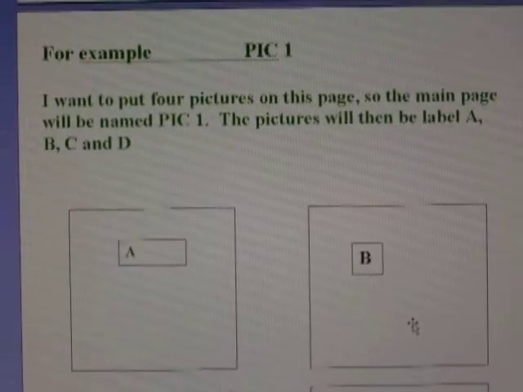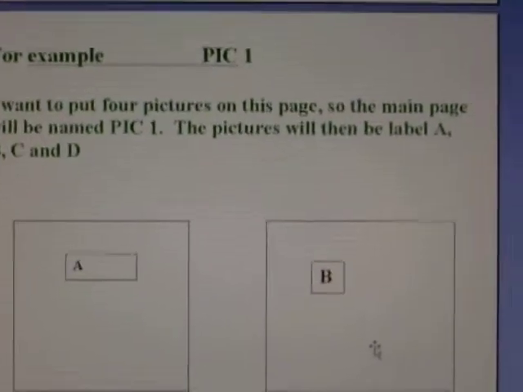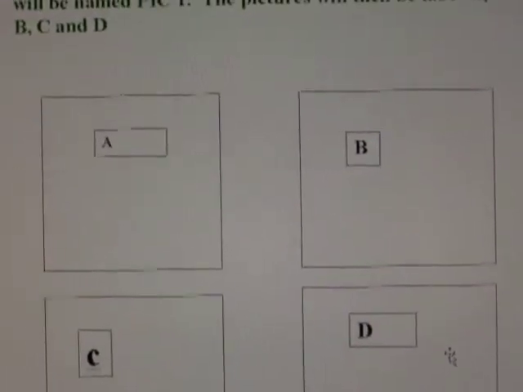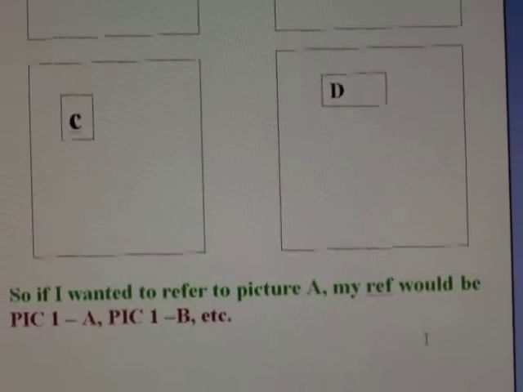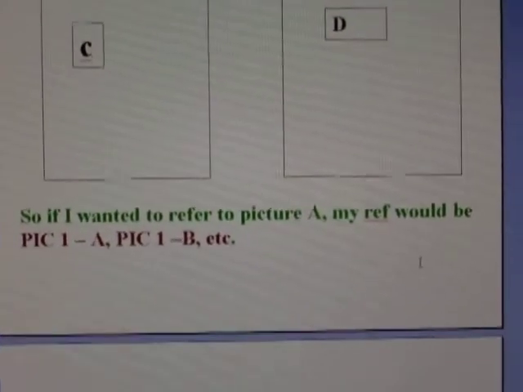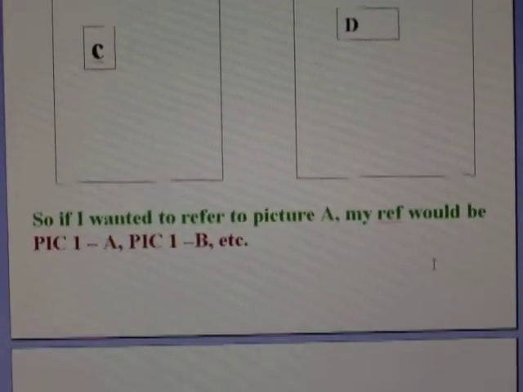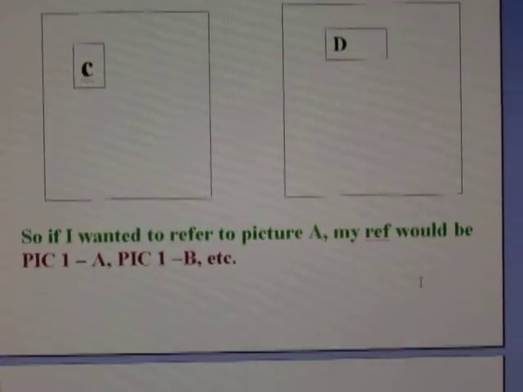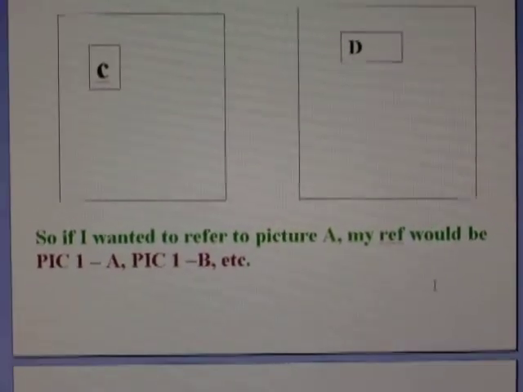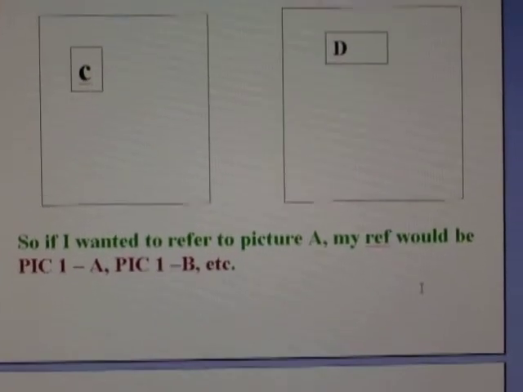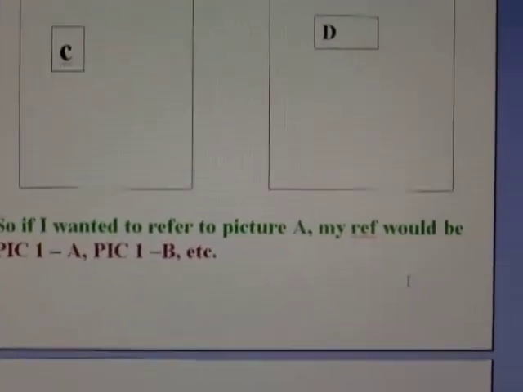The pictures will then be labeled A, B, C, and D, and you can see that I've labeled these pictures A, B, C, and D. If I wanted to refer to picture A, my ref would be Pic 1 hyphen A, and Pic 1 hyphen B, etc.